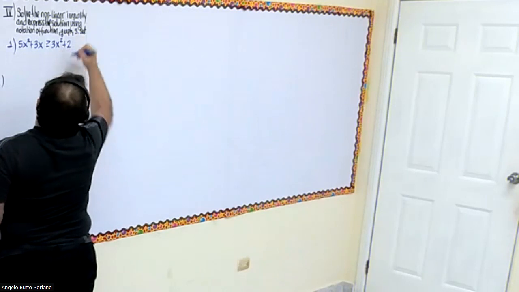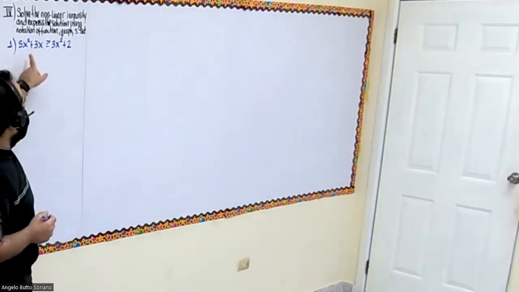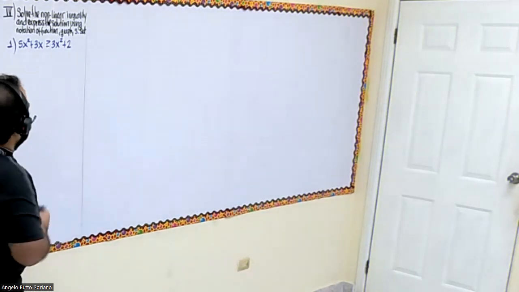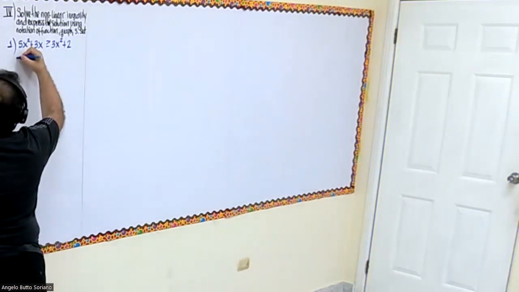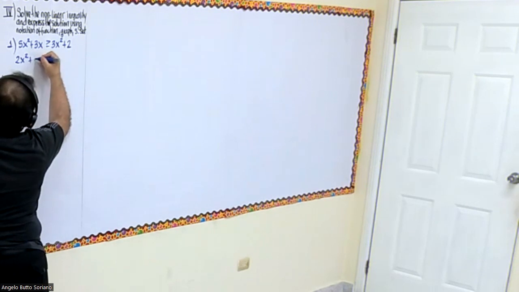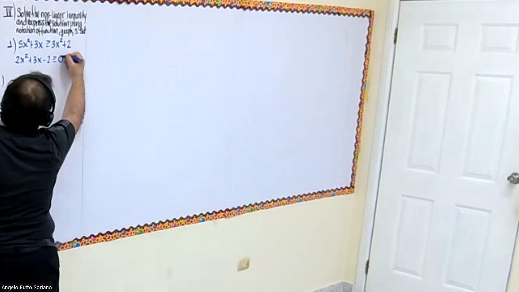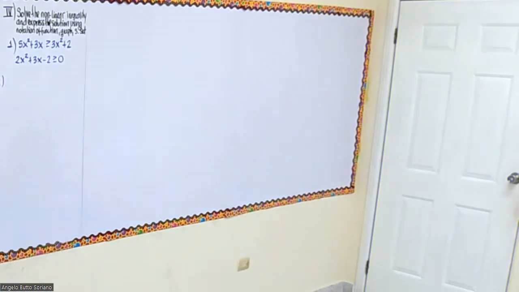Remember, the first thing that we must do is move these two terms from the right side to the left side. And we're going to combine like terms. For example, 5 subtracting 3, we have 2x squared plus 3x minus 2 greater than or equal to 0.